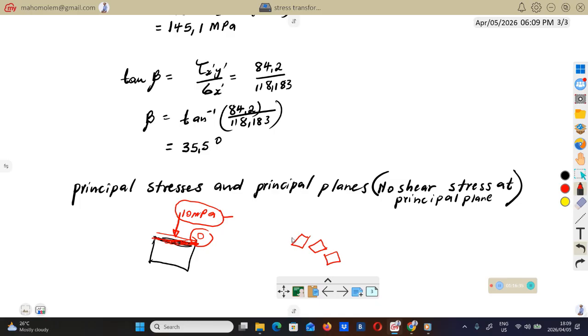And at that point, if the shear stress is 0 when the element is at this angle, it means that the stresses that will act on this plane at that angle where the shear stress is 0, we're going to call them the principal stresses.